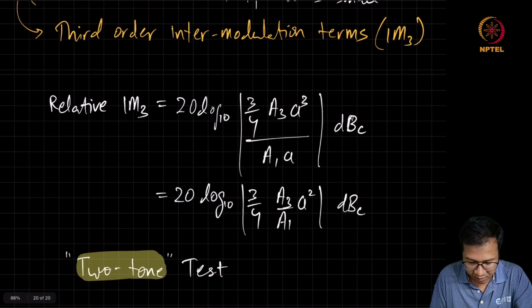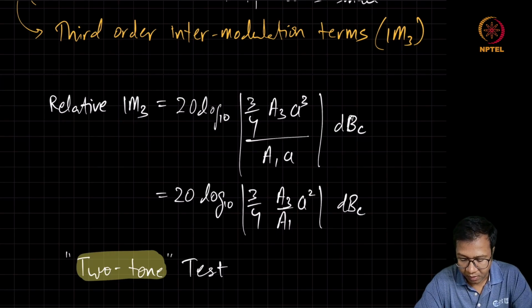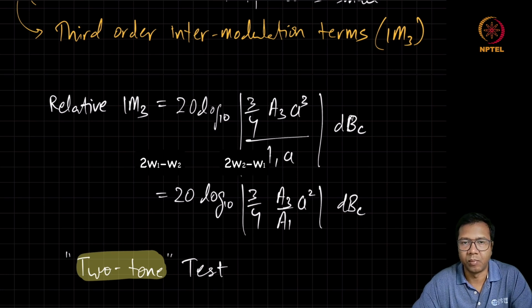But let's say we are trying to find the relative IM3 component. This relative IM3 component, as we can already see, is also dependent on the strength of the input applied. So many times we want to characterize the nonlinearity of the system independent of the amount of input signal we are applying.